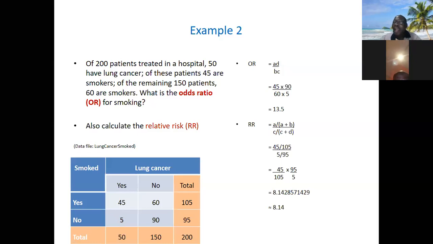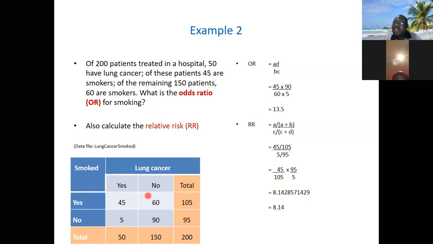The odds will be the risk over 1 minus the risk, where 1 minus the probability of the event is the probability that the event will not occur. So 1 minus 45 here is 5, because the total, the 1 here, is 50.